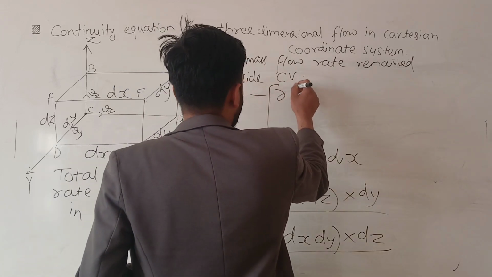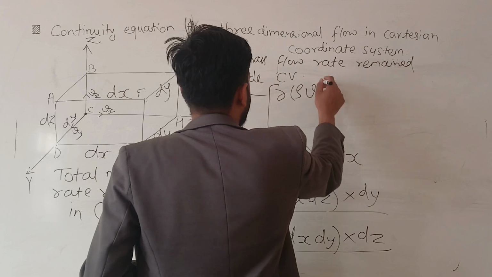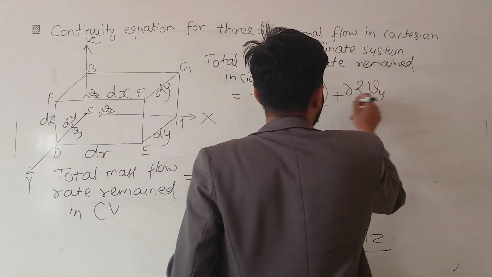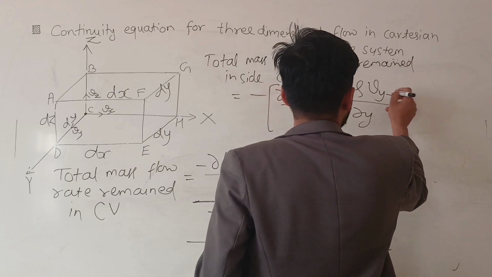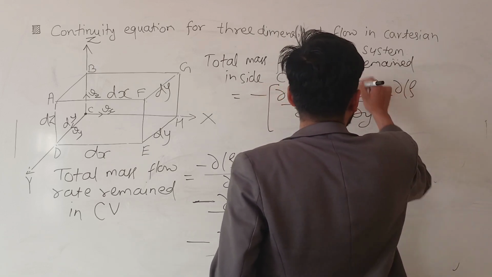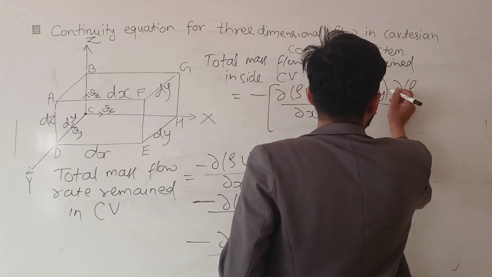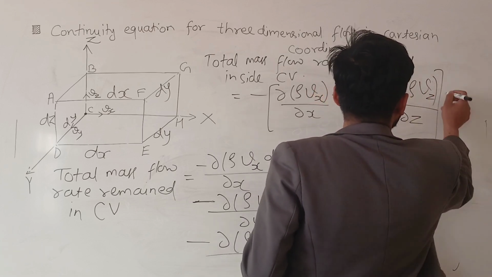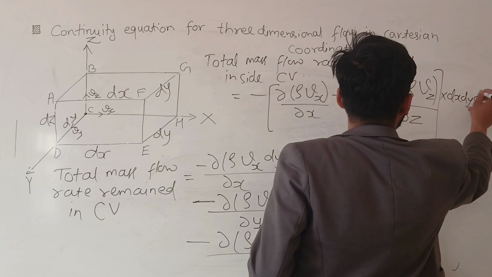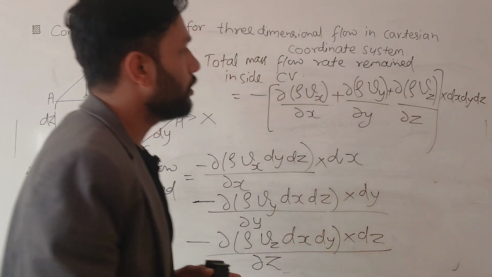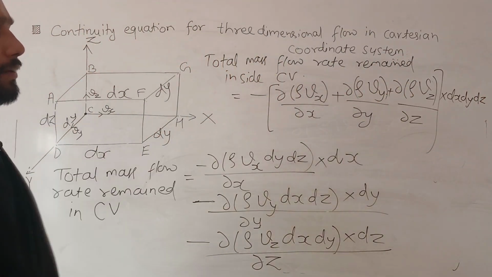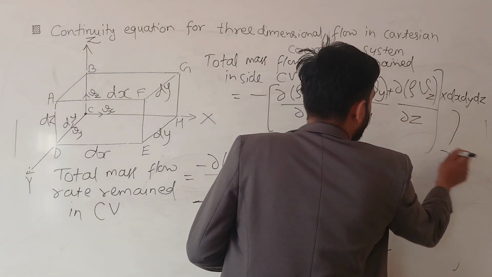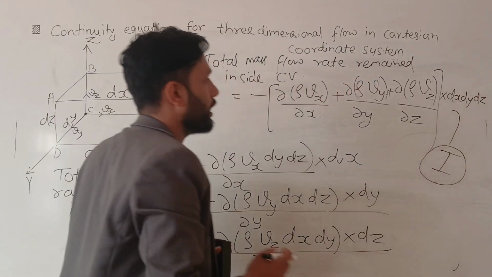Del rho Vx by del x plus del rho Vy by del y plus del rho Vz by del z and dx, dy and dz. These are the common thing. So now let's write this as equation number 1. This is equation number 1 here.